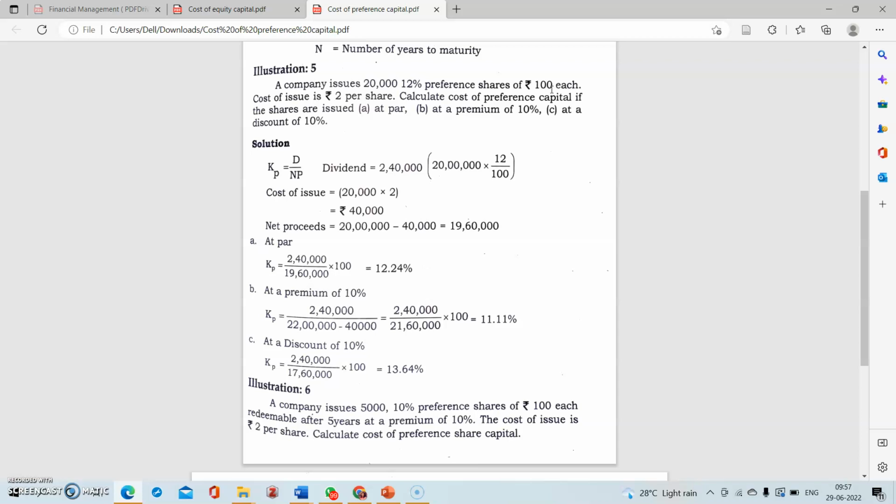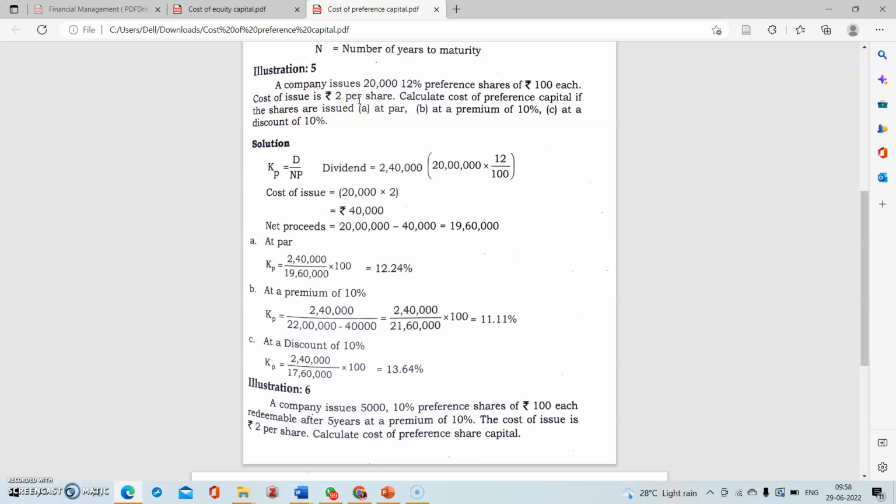Whatever may be the net proceeds, you don't have to worry over that. You will be paying on the par value or the face value only. So 20,000 into 100 into 12% is the dividend. The dividend came to 2,40,000, and here you can see cost of issue is given as 2 rupees per share.